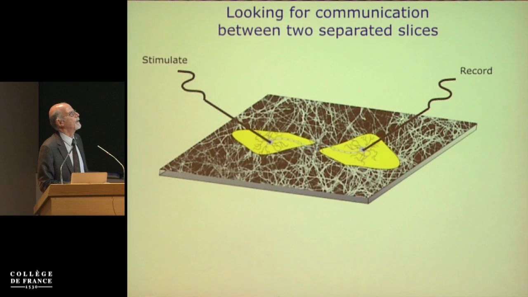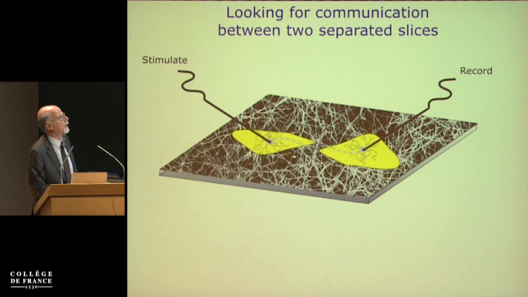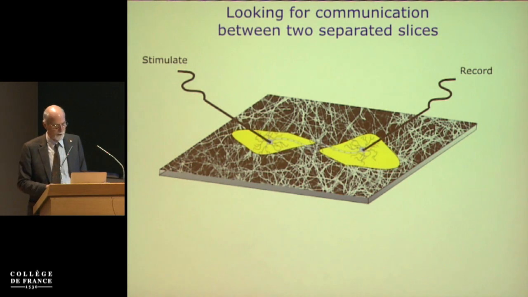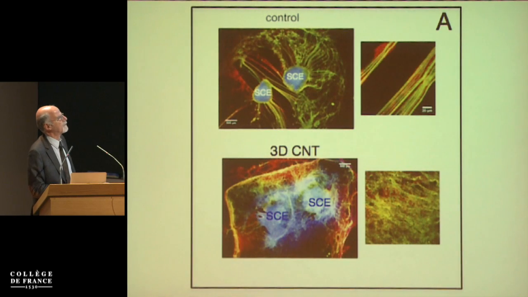We can take the 2 slices, deposit them on this nanotube sponge, and then see what happened between these two from the electrical point of view. First of all, the morphology. This is the control.